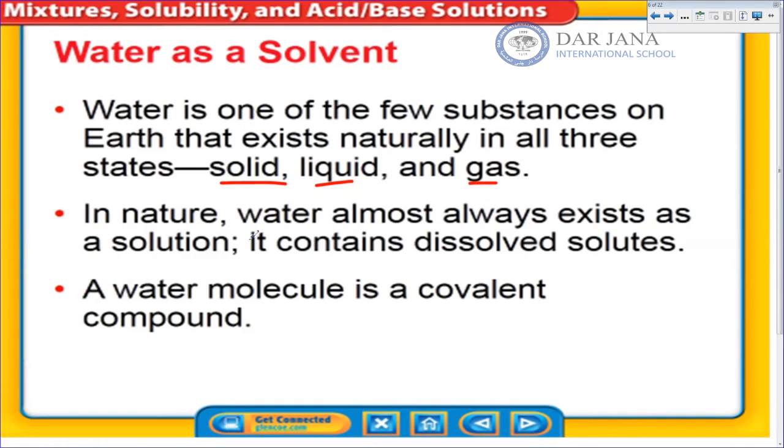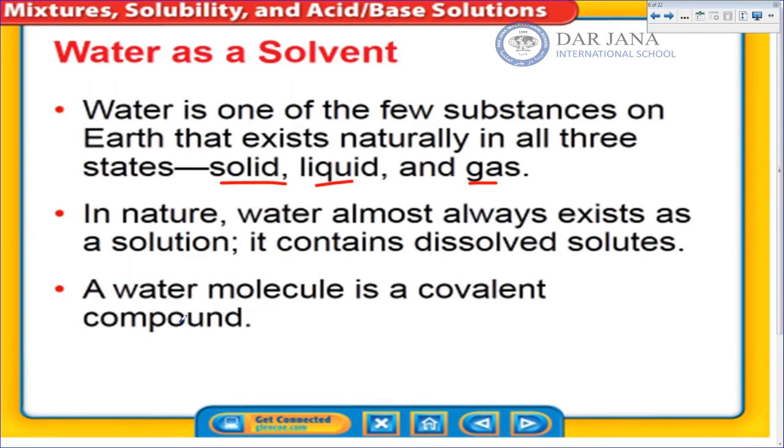Now, in nature, water almost always exists as a solution because it contains dissolved solutes in it. As we said before, drinking water or tap water is a mixture, mainly because we have minerals dissolved inside it, so it is considered a solution.